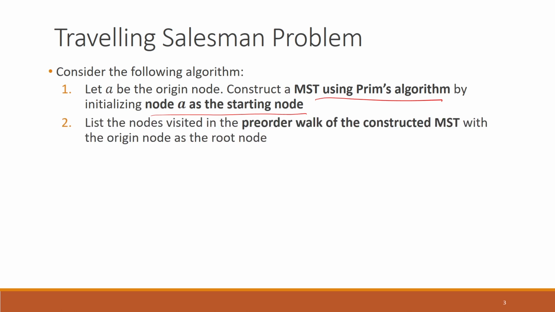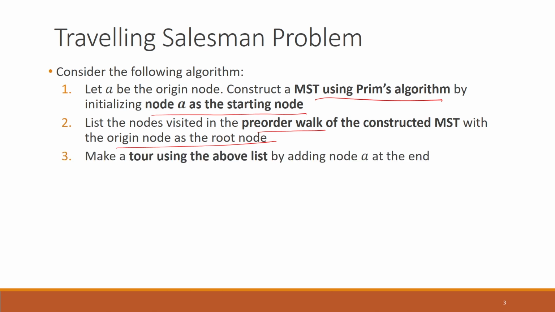So, we construct a minimum spanning tree using Prim's algorithm. Since this minimum spanning tree will give a tree, we will visit the nodes in the tree in this order through the pre-order walk, where we consider this origin A as the root node. And then we will make a tour using the above list that we get.